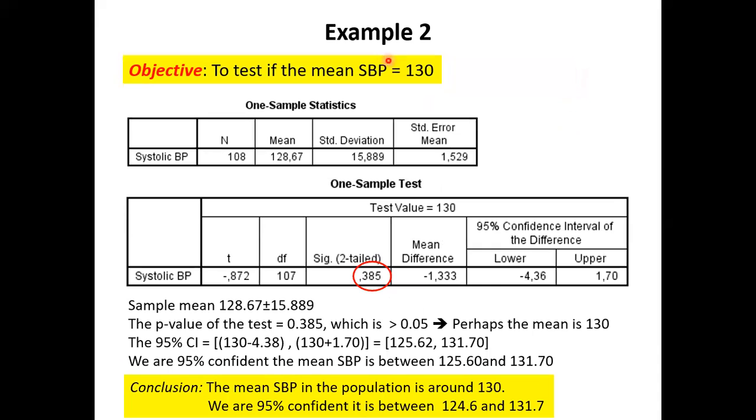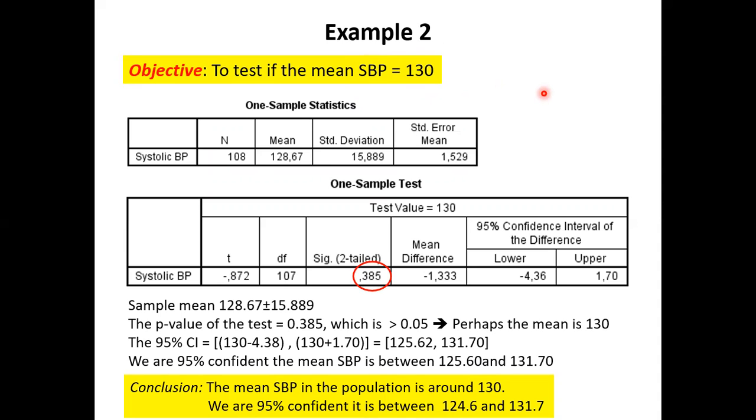WHO says the mean SBP must be 130, so I'm testing 130. Mean DBP must be 90, I'm testing 90. So these values must be from previous literature or based on some guidelines. Do I answer your question?